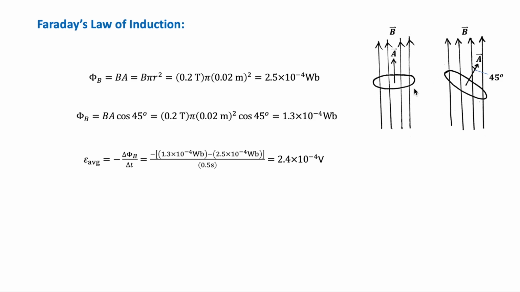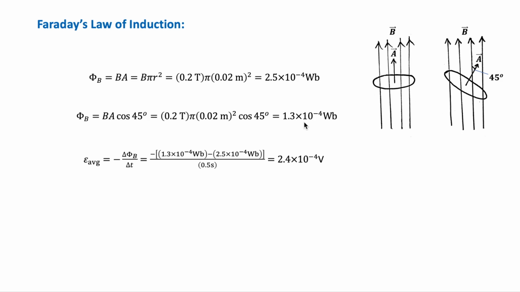When B is parallel to the normal to the loop, the magnetic flux is given by this equation, phi B equals BA, and this gives us 2.5 times 10 to the minus 4 Weber. And when the angle between B and the normal to the area is 45 degrees, the magnetic flux through the loop is given by this equation, and it gives 1.3 times 10 to the minus 4 Weber.